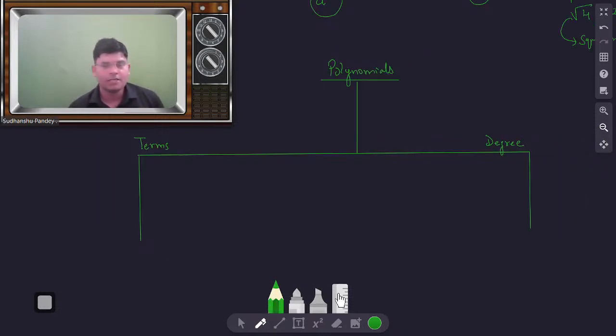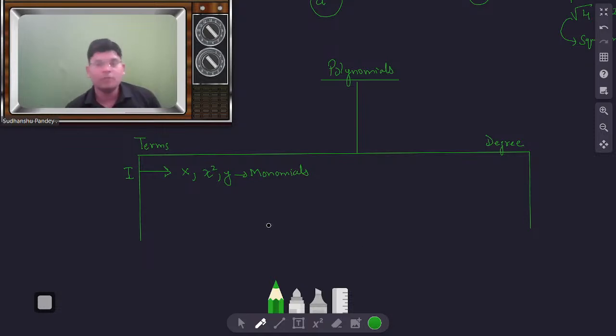Okay, so let's see, if the number of terms is going to be 1, for example, I am writing x, I am writing x square, I am writing y. So these are known as monomials. What are they known as? Monomials.